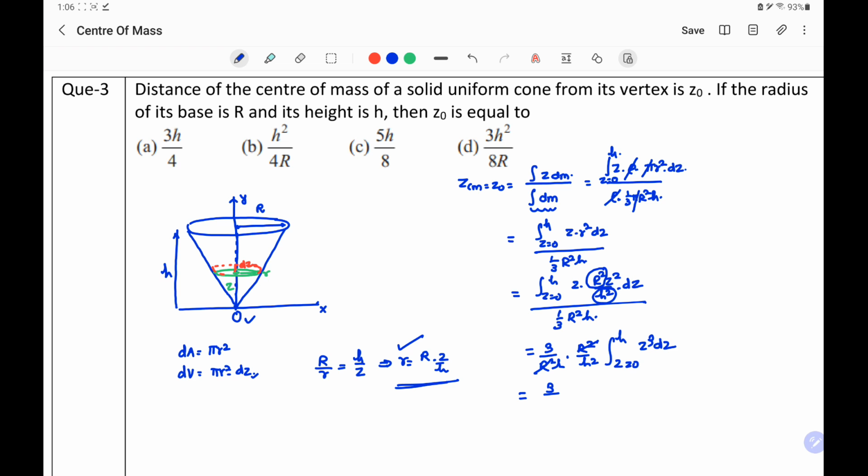This is 3 by h cube, and the integral of z cube is z raised to the power 4 by 4, with limits z equal to 0 to h. So we will now put the limits. It will be h raised to the power 4 by 4 minus 0. So it is equal to 3 by 4 into h raised to the power 4 by h cube, and it is equal to 3h by 4.